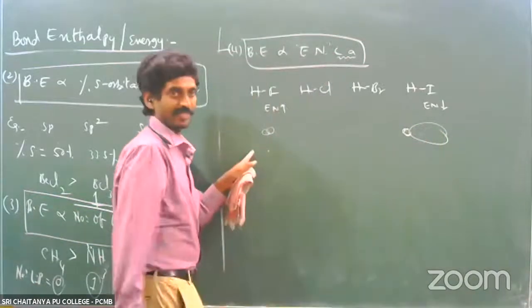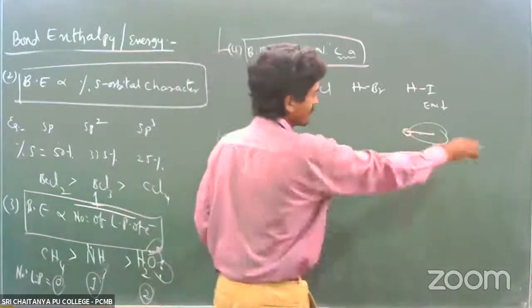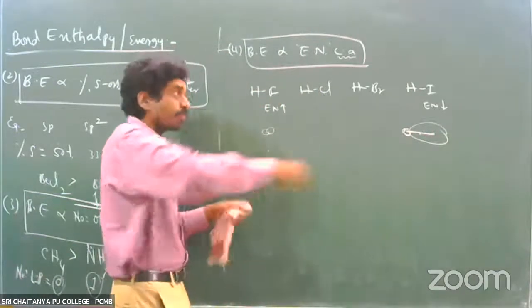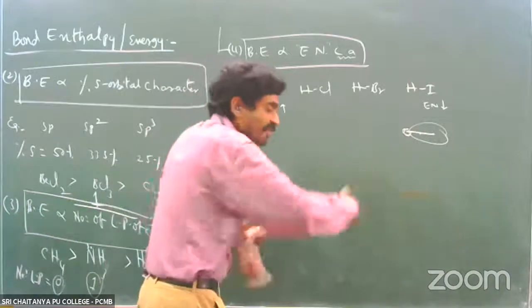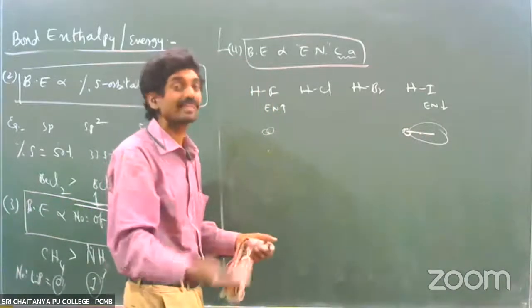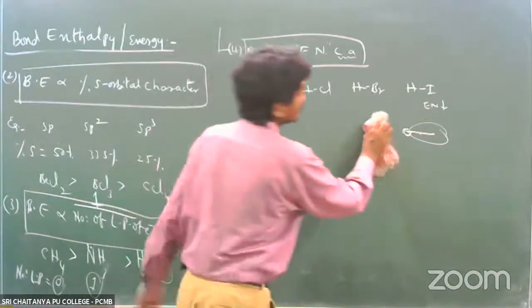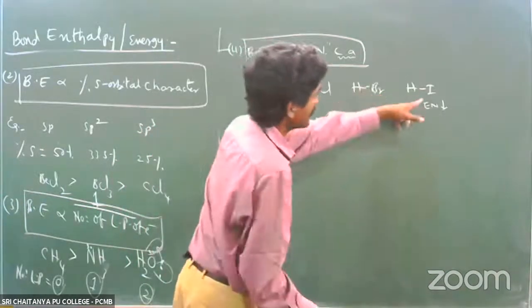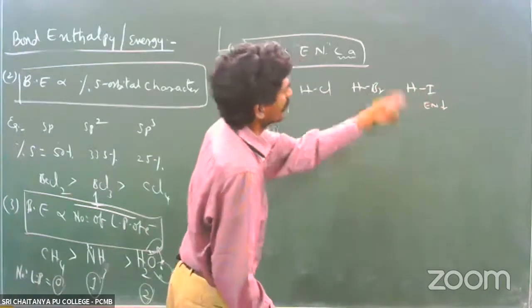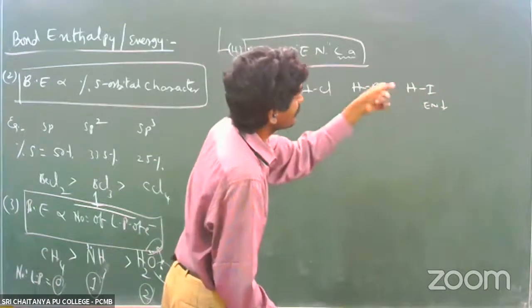Hydrogen is common, but since iodine is larger, bond distance increases, bond length increases. That means the two atoms are away from one another, so attractions are less. Attractions are less means it's very easy to break the bond. Atomic size is more, electronegativity is less. That's why it is very easy to break the bond.